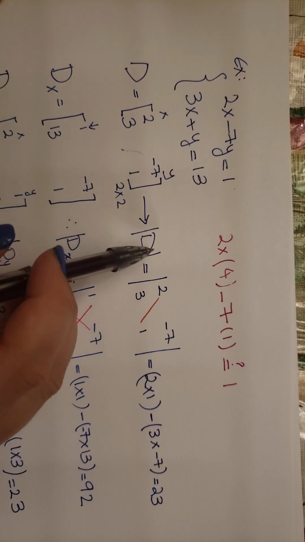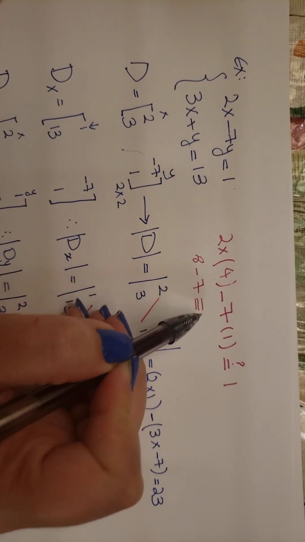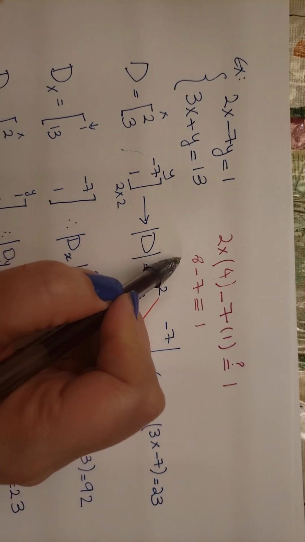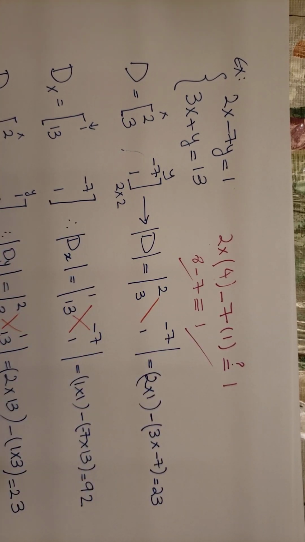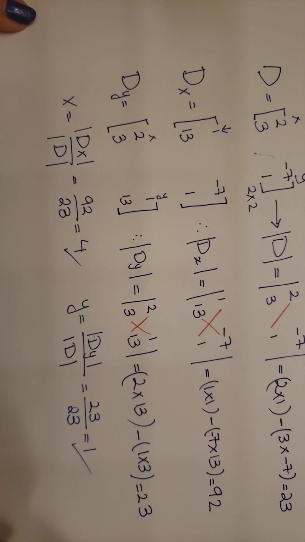Okay, let's check. 2 times 4, it's 8, minus 7. Yes, that's equal to 1. So that means our final answer, x as 4 and y as 1, is completely correct.